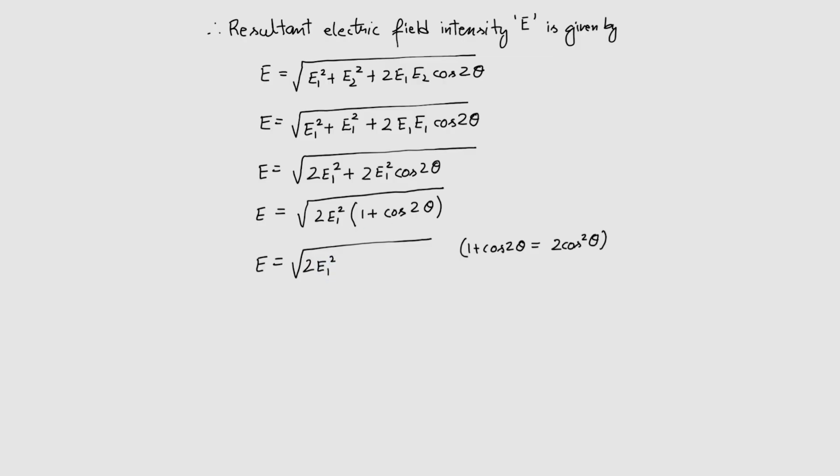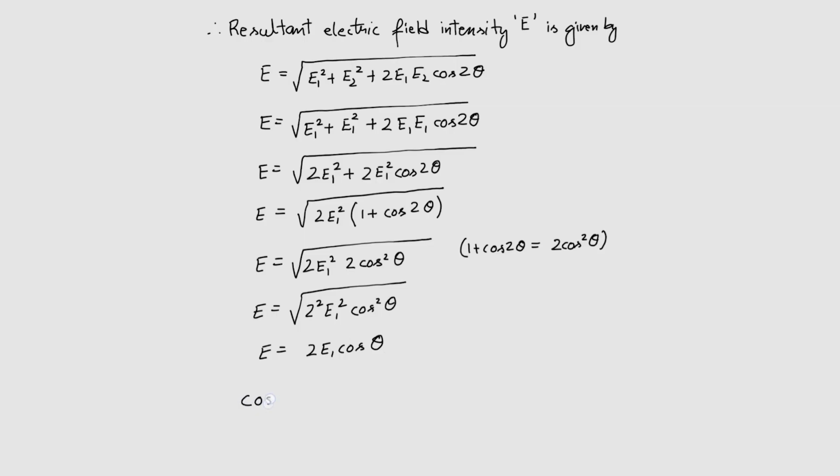Instead of writing 1 plus cos 2 theta, I write 2 cos square theta. Simplifying, 2 into 2 is 2 square, E1 square cos square theta. All these terms have squares, so they cancel with the root, and finally we have 2E1 cos theta.